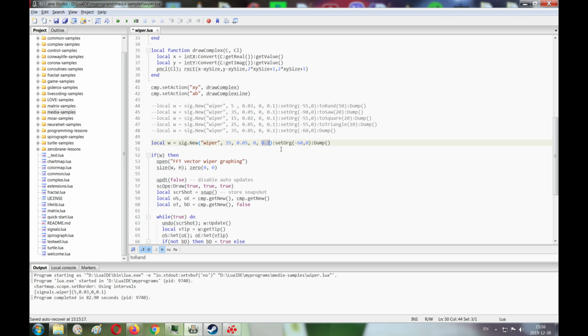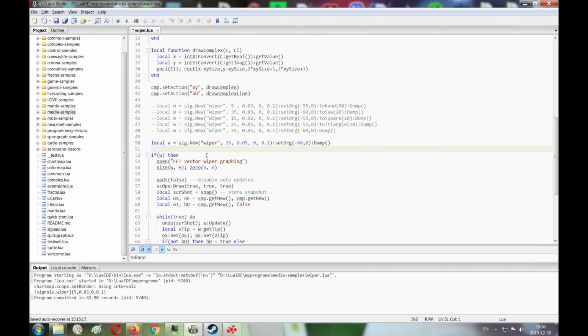So this here is the amplitude, this is the circular frequency, this is the initial phase and the time delta. For those who don't know what a circular frequency is, you may be familiar with the frequency of your TV or your household voltage.